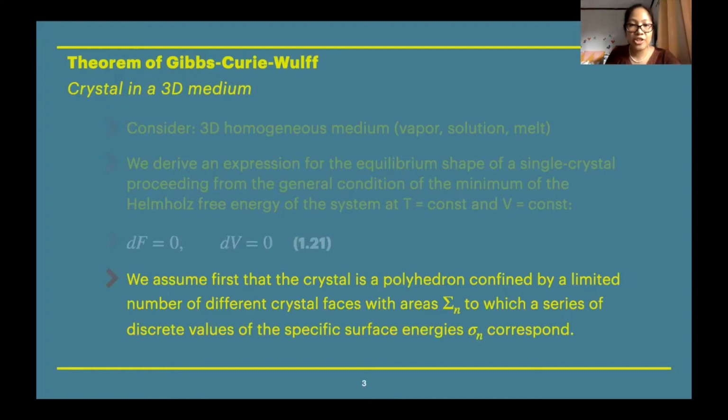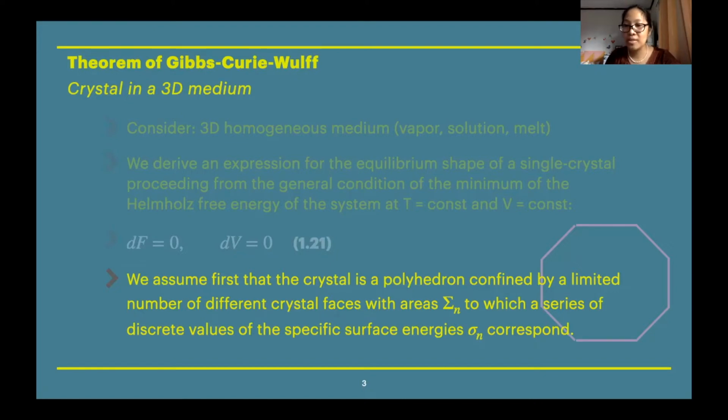We assume first that the crystal is a polyhedron confined by a limited number of different crystal faces with areas capital sigma sub n, to which a series of discrete values of the specific surface energies, another sigma sub n, correspond. So as shown, we have a polyhedron.